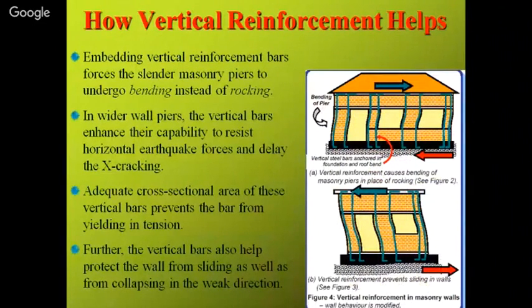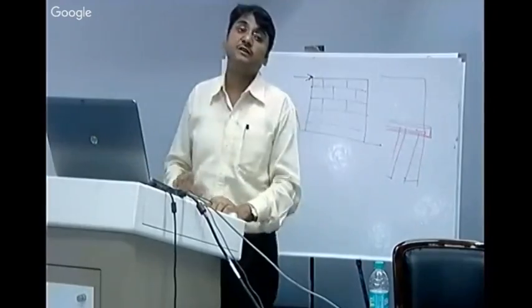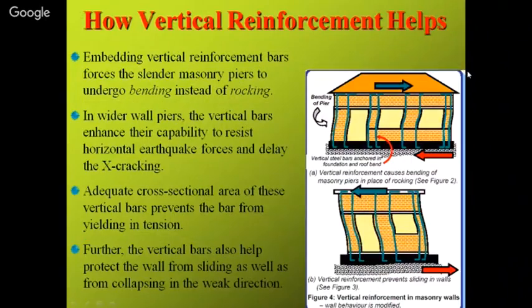This is how, if vertical reinforcement is provided, embedded vertical reinforcement bars force the cylindrical masonry piers to undergo bending instead of rocking. It will bend instead of rocking. And one thing you should remember: earthquake forces are unlike wind forces.